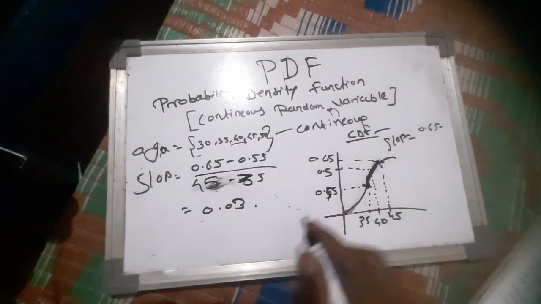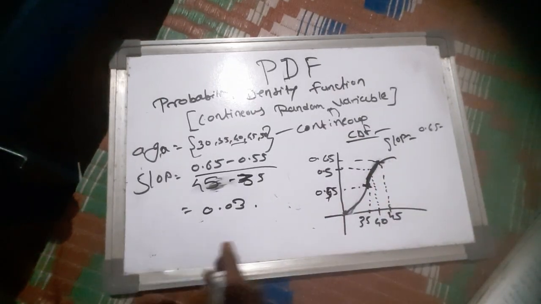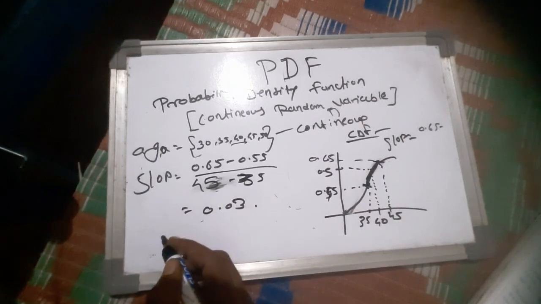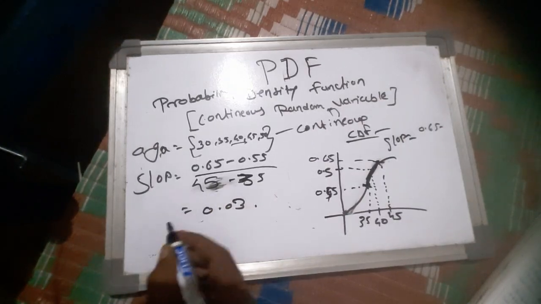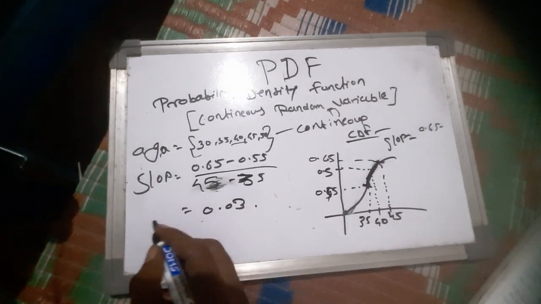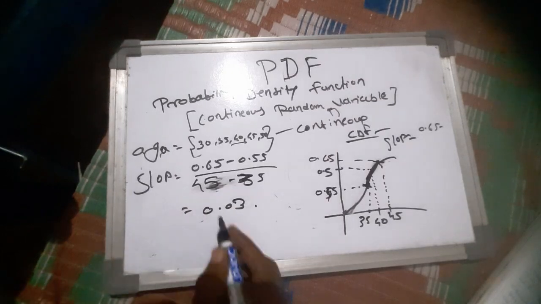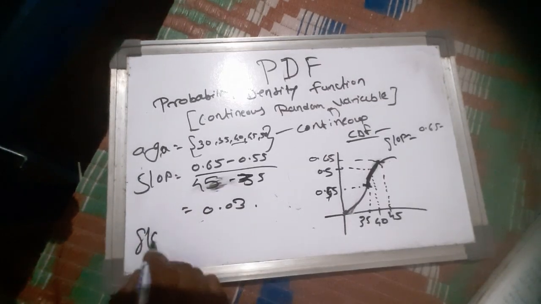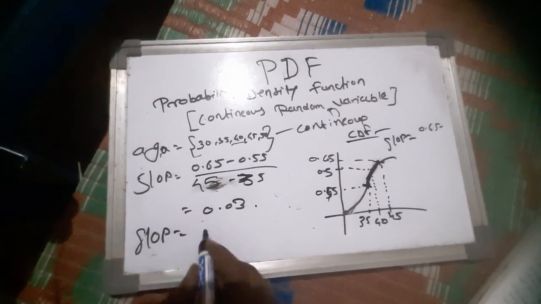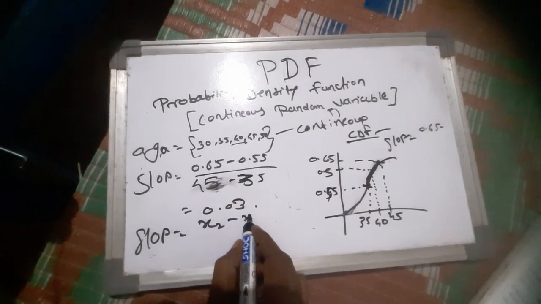So how do we calculate the slope for 2 points? What is the formula? The slope is y2 minus y1 divided by x2 minus x1.